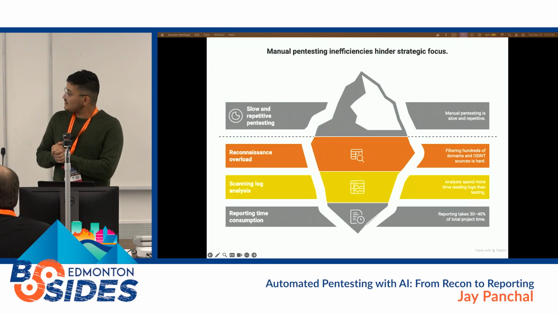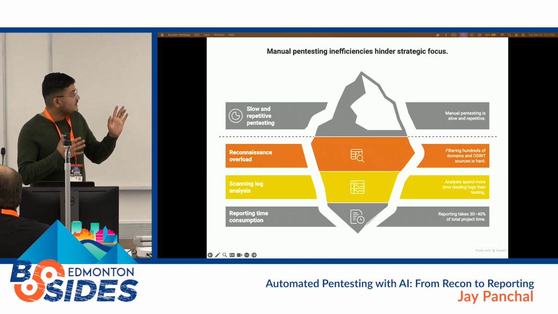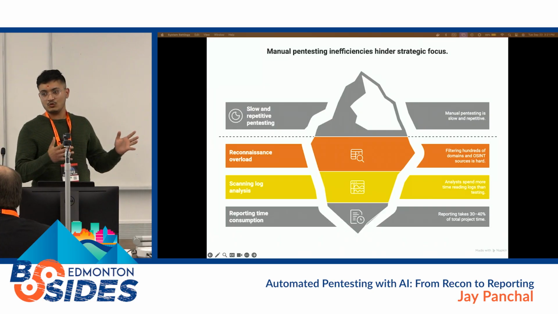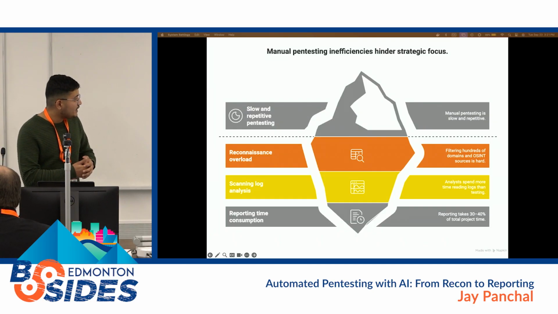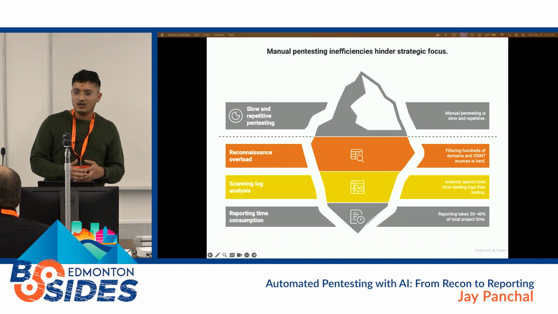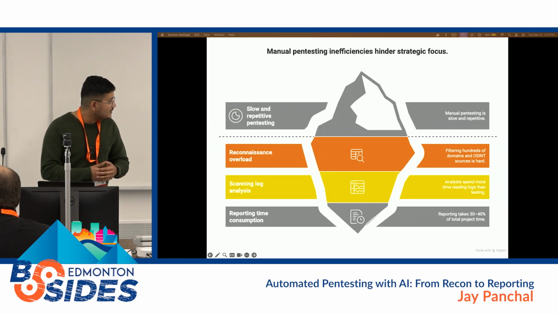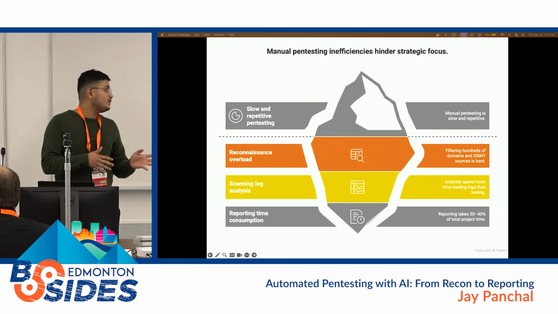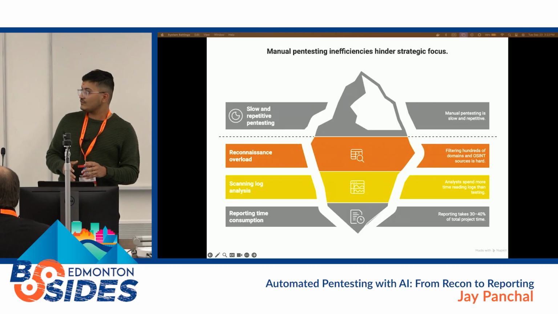This is the manual life cycle we currently follow in pen testing. It's very slow and very repetitive. Whenever we do reconnaissance, scanning, log analysis, and then, as the final step, reporting, it is very time consuming.